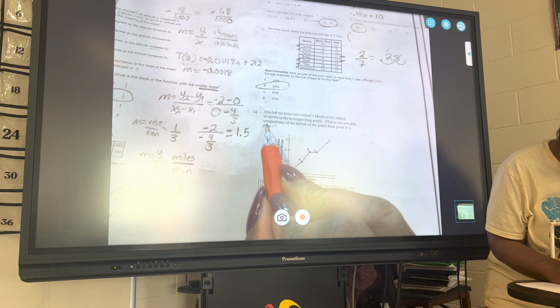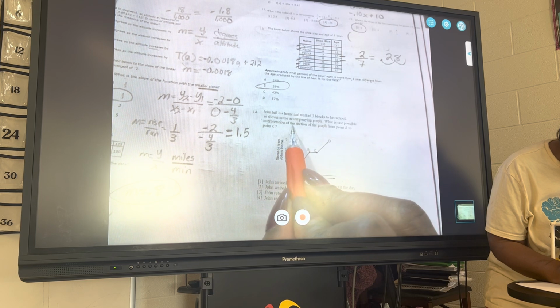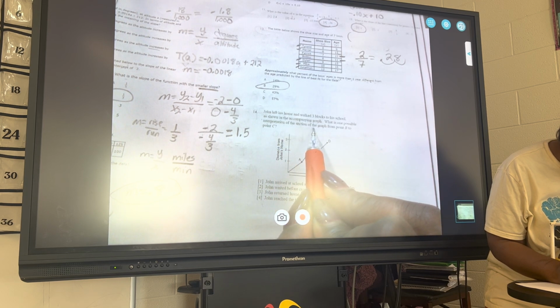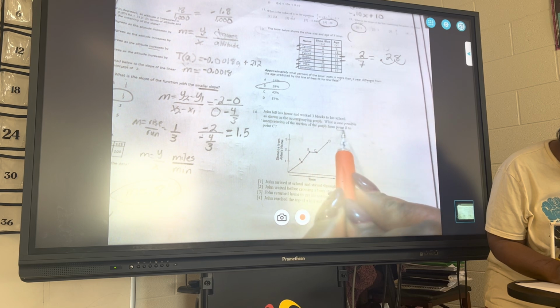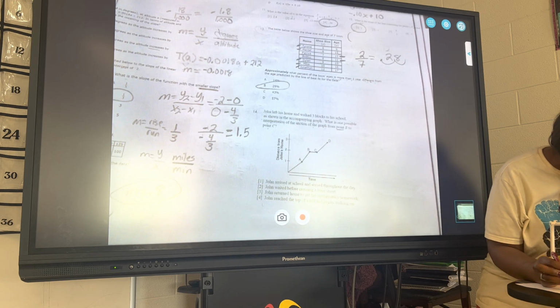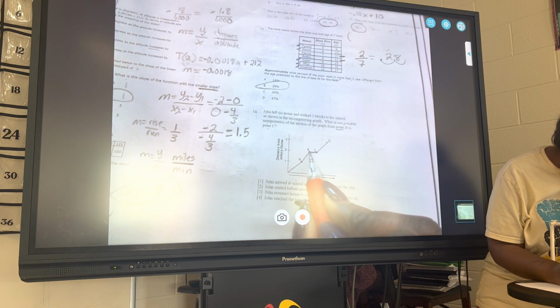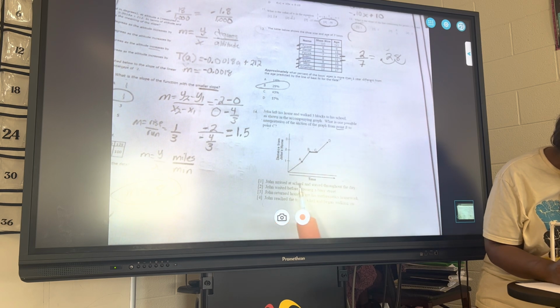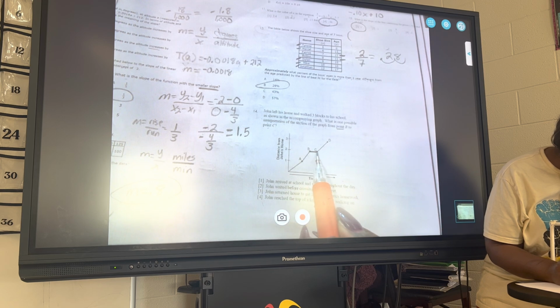What is the possible interpretation of the section of the graph from point B to point C? All right, so what's this interpretation from B to C? Is that John arrived at school and stayed throughout the day? Okay. John waited before crossing the busy street.